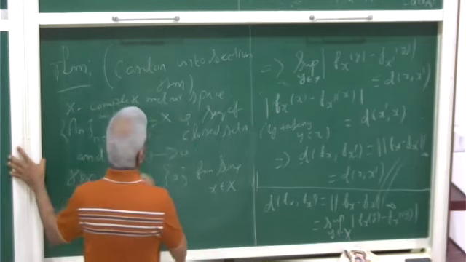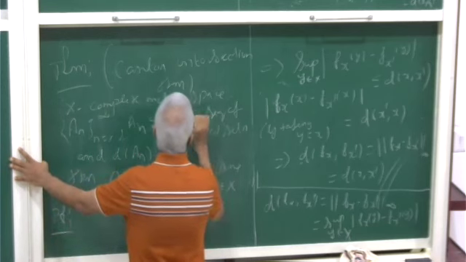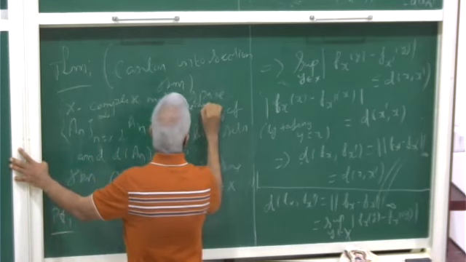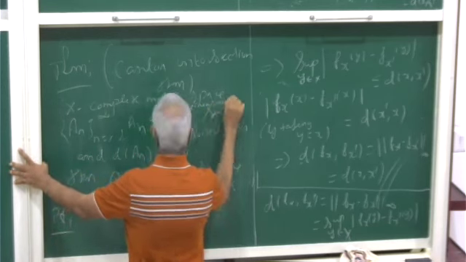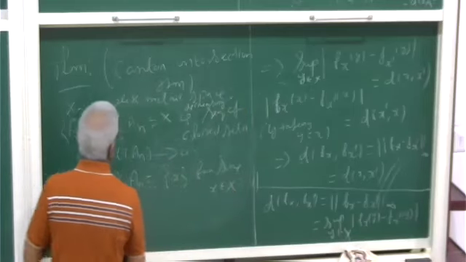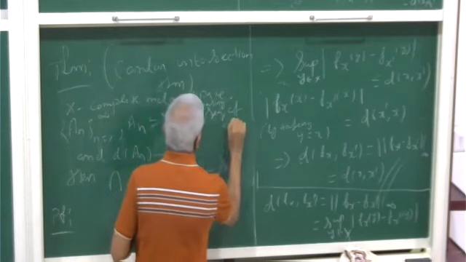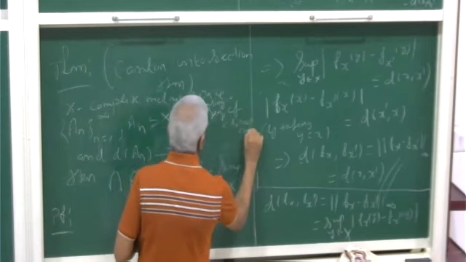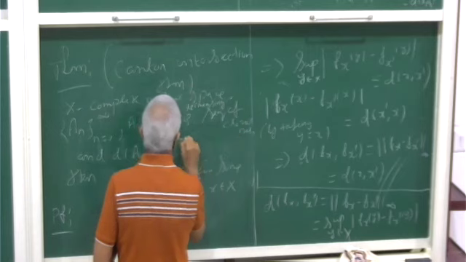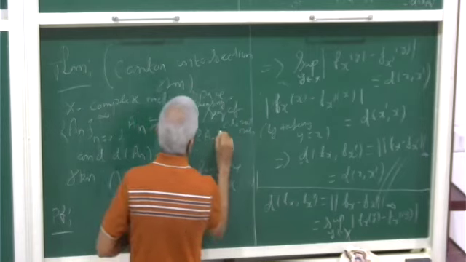So it's a decreasing sequence. You are right, I will write what it means. Decreasing sequence of closed sets, that is, A_{n+1} is contained in A_n for all n.